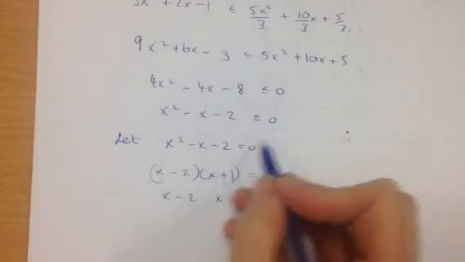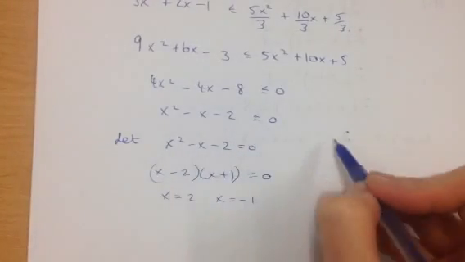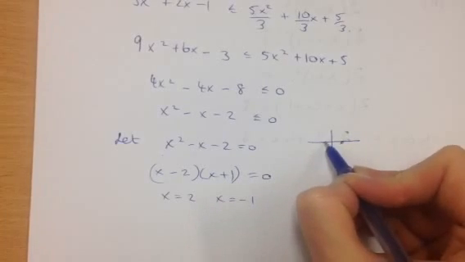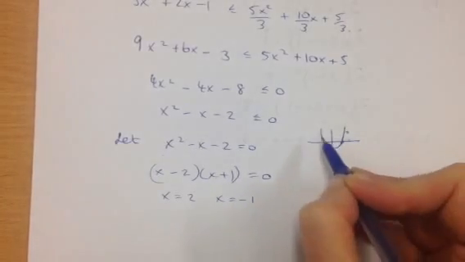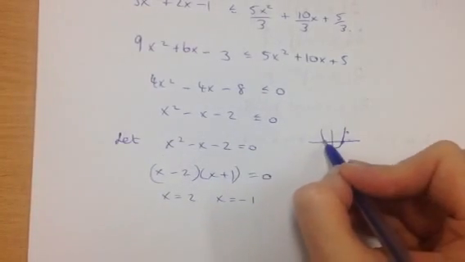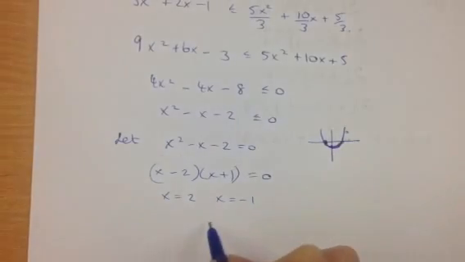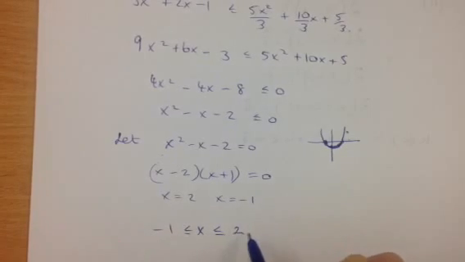It's a U-shaped graph, so I'll sketch it, crossing at 2 and minus 1. It's less than or equal to 0 anywhere here, and the way I describe that is that x is between minus 1 and 2.